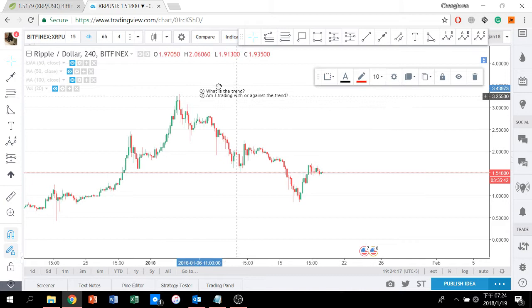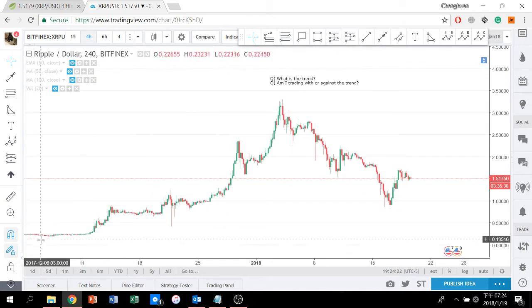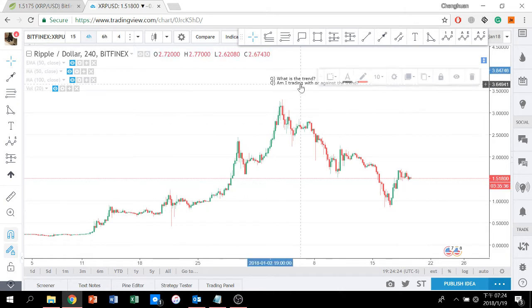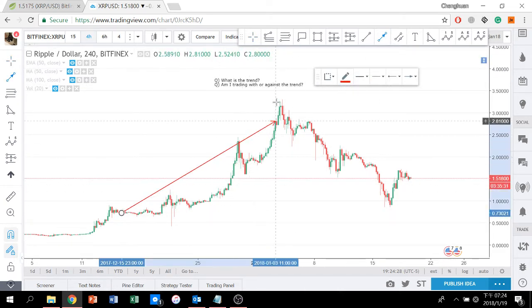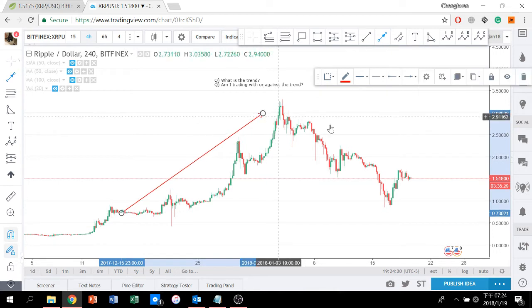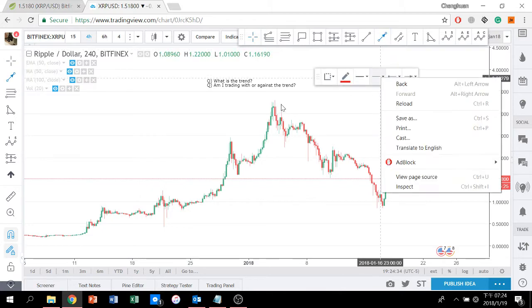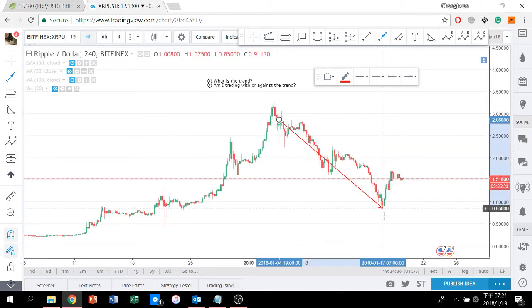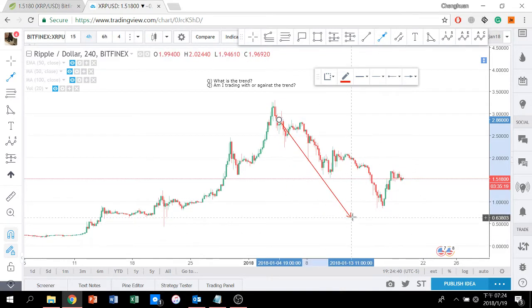A lot of newer traders' strategy is just to hold, right? And that works out in a bull market, because they are trading with the trend, even though they don't ask themselves that sometimes. But what happens when we turn into a bear market? They hold and they lose all their earnings because they don't lock in profits, right?